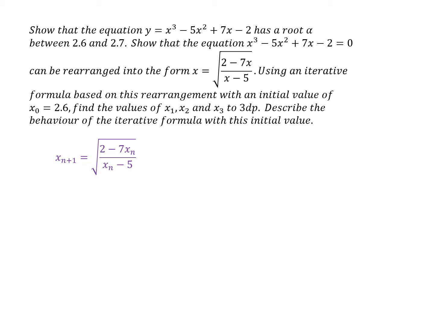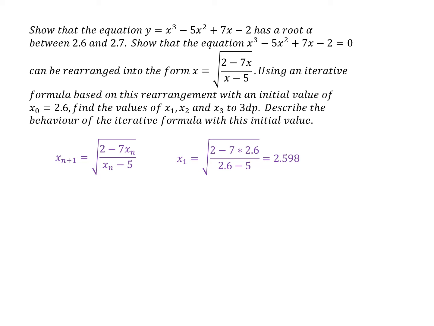So we're using an initial value now of x0 equals 2.6. And so we're saying if x0 is 2.6, then x1 will be the square root of 2 minus 7 times 2.6 over 2.6 minus 5. So that gives us a value for x1.